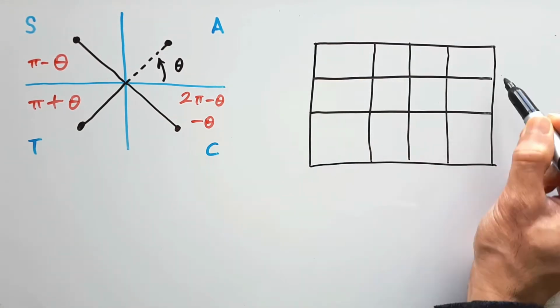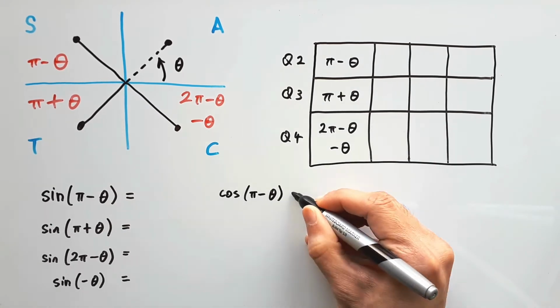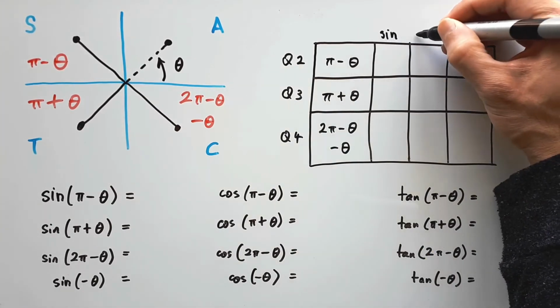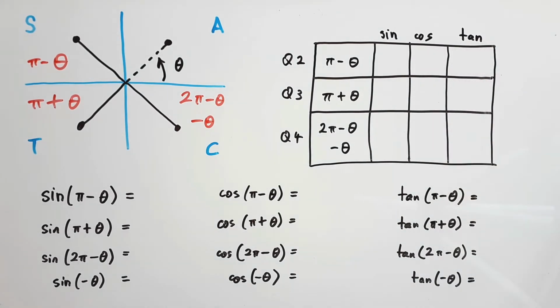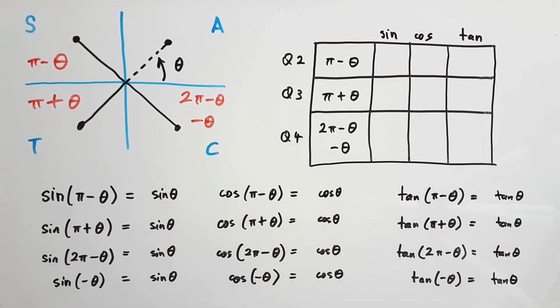Setting up a 3x4 table, the first column displays your formulas respective to their quadrants, and the last three columns relate to sine, cos, and tangent of theta. The whole point of this topic is to rewrite these crazy formulas into its simplest form, like sine theta, cos theta, or tangent theta, depending on your trigonometric term.